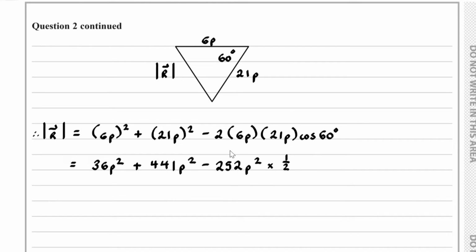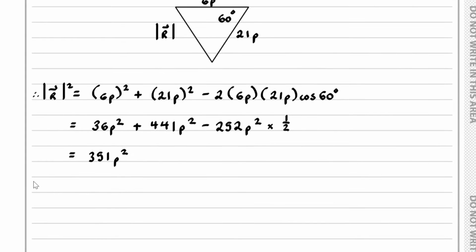Cos of 60 is 1/2. And therefore what we will end up with is 351p squared. So that's what the magnitude of r squared is.